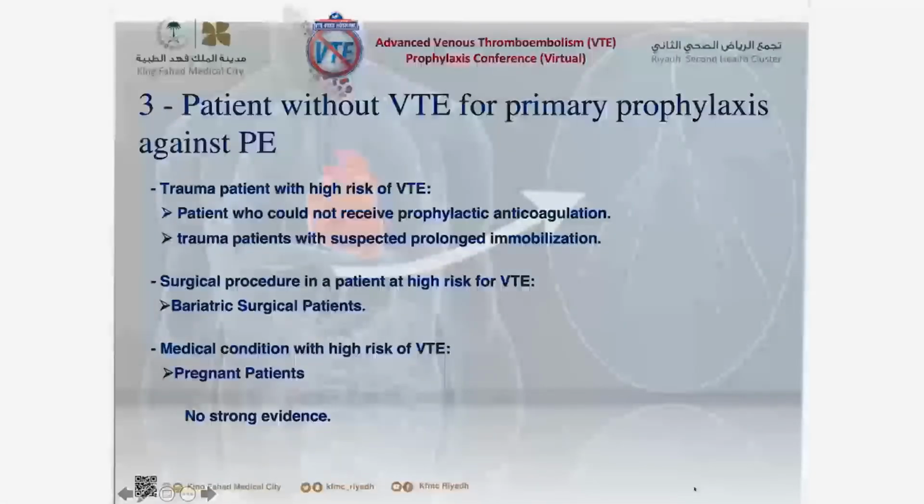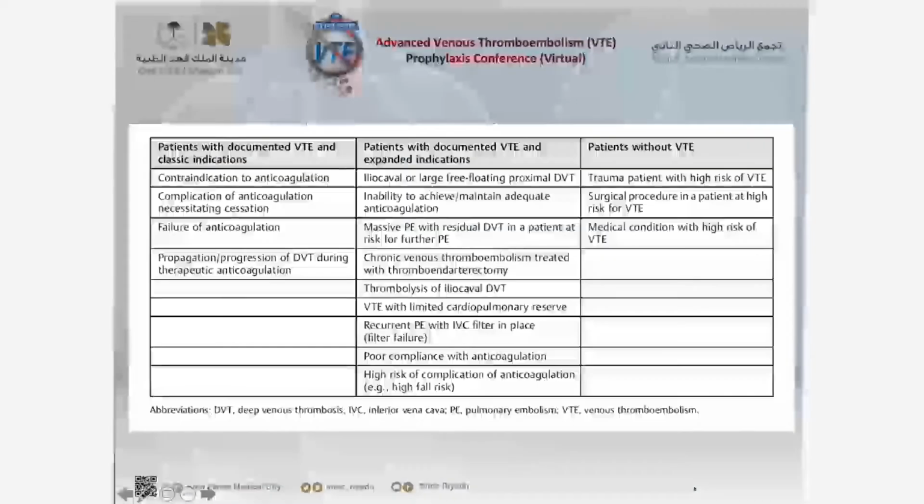The third group is primary prophylaxis: patients without VTE, for primary prophylaxis against PE, like trauma patients at high risk for VTE, prolonged immobilization, patients who can't receive prophylactic anticoagulation, and surgical procedures in patients at high risk for VTE, for example, bariatric surgery. In pregnant patients, however, there is no strong evidence supporting this.